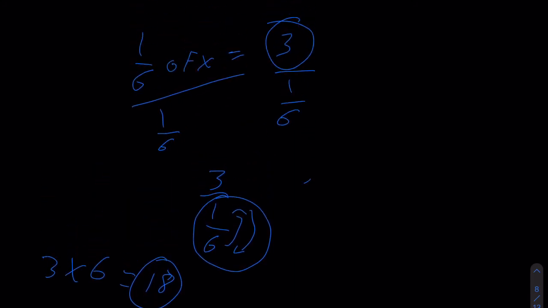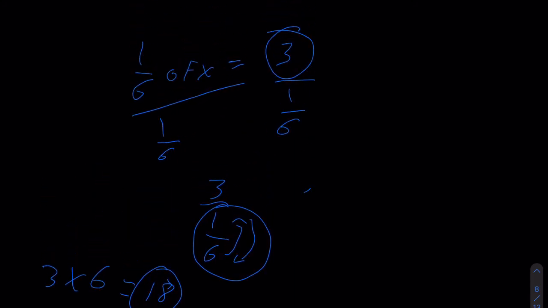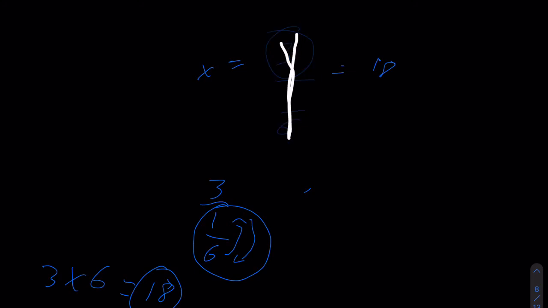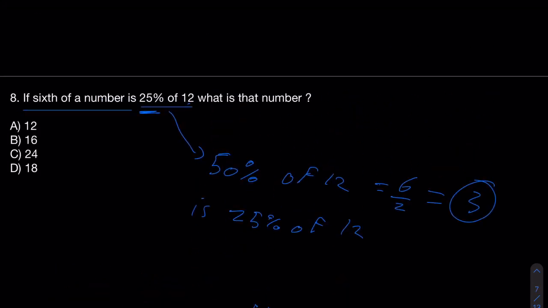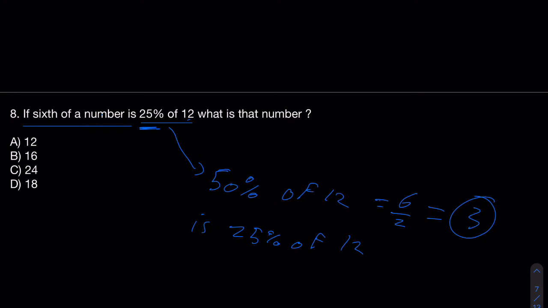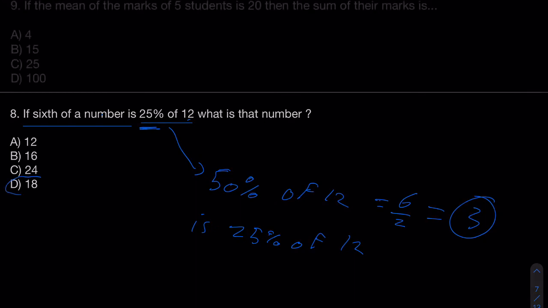So if we go back to our original equation, it's not going to look like this anymore. It's going to look like that, which is equal to 18. So I'm just going to remove this whole part. So x is equal to 18. So our final answer is going to be 18.